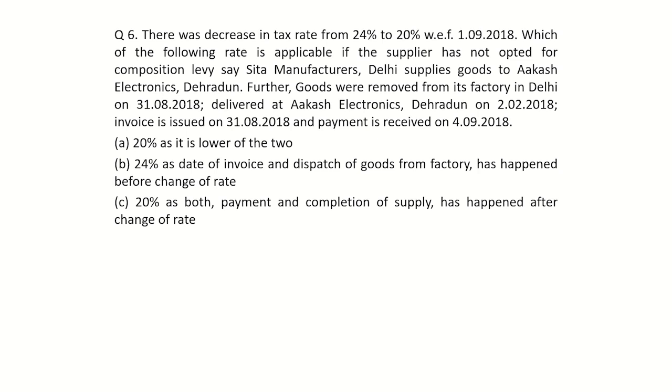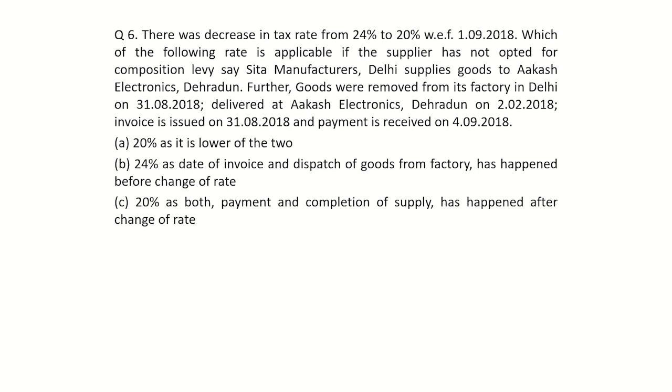Further, goods were removed from its factory in Delhi on 31/8/2018 and delivered at Akash Electronics, Dehradun on 2nd February 2018. The invoice is issued on 31/8/2018 and payment is received on 4th September 2018. Now, what is the applicable rate of tax?